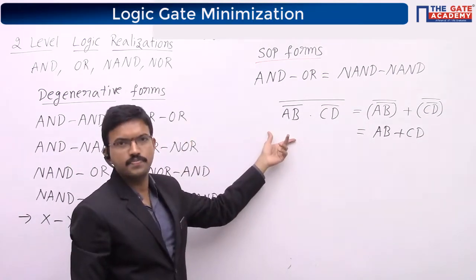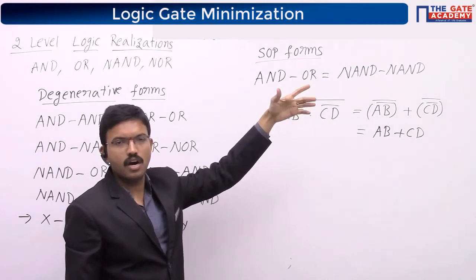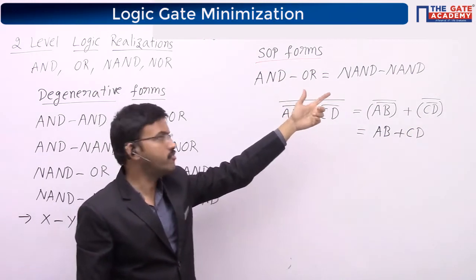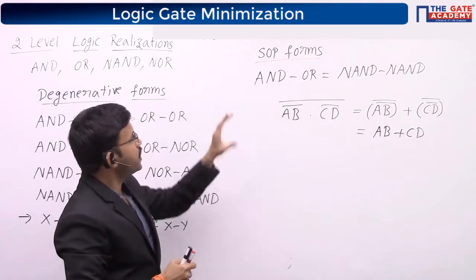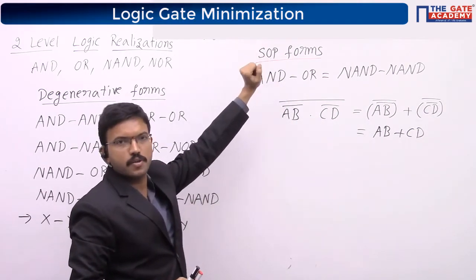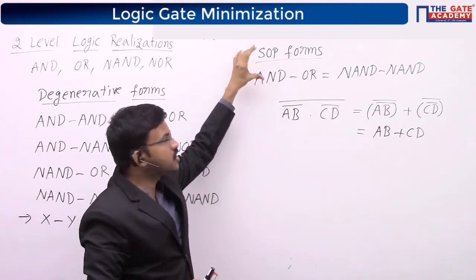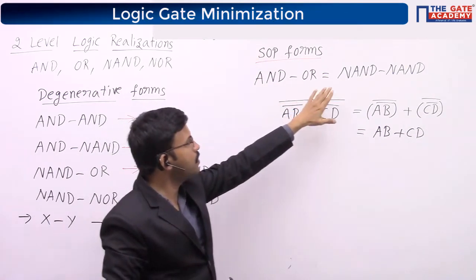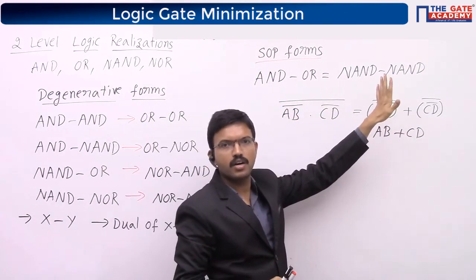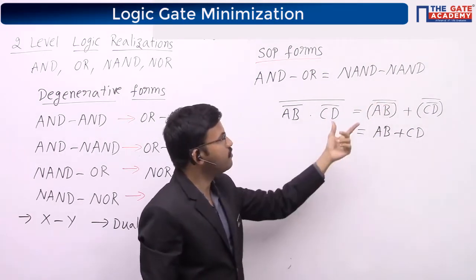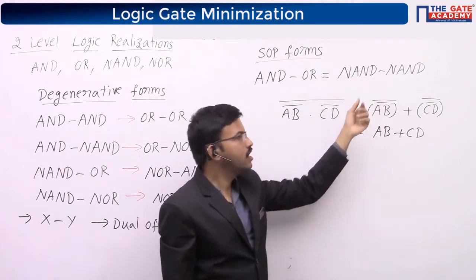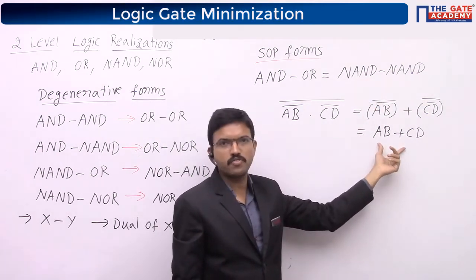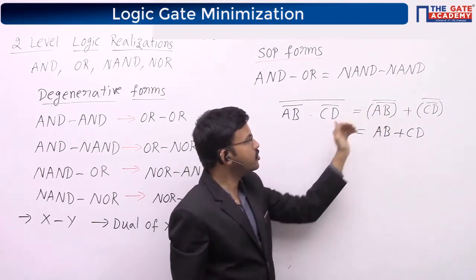Just observe here. From here I will give the conclusion: how we can implement any Boolean function with the help of NAND gates. And our logic relation, we are getting SOP form, sum of products. If you are having the Boolean function in SOP form, we can implement it with the help of NAND gates. Or the other way, whenever you want to implement any function with the help of NAND gates, if you are having the function in SOP form, then you can apply 2 times complement.